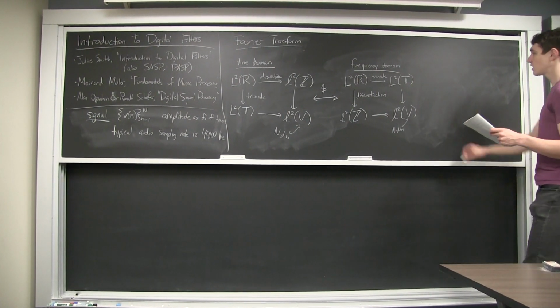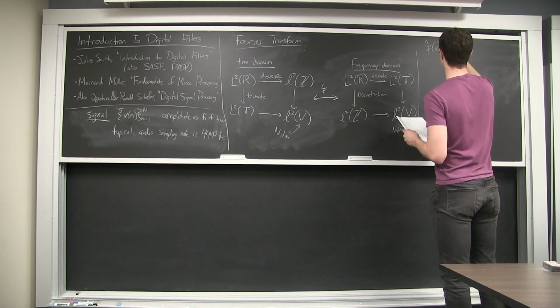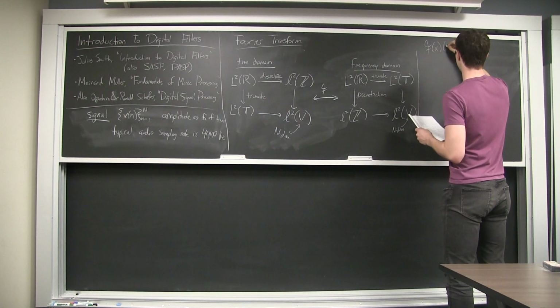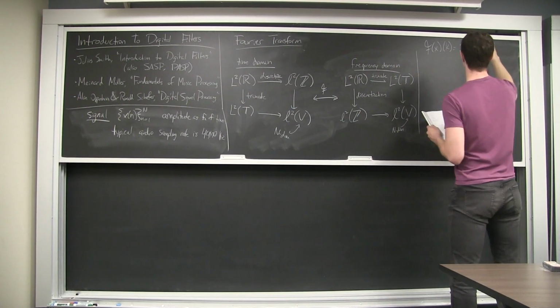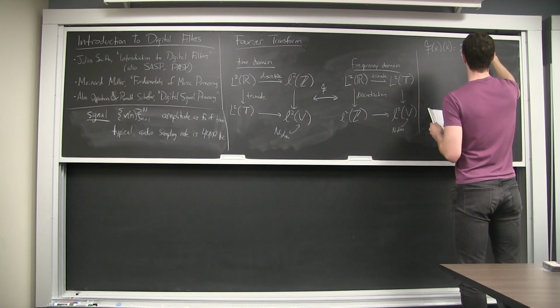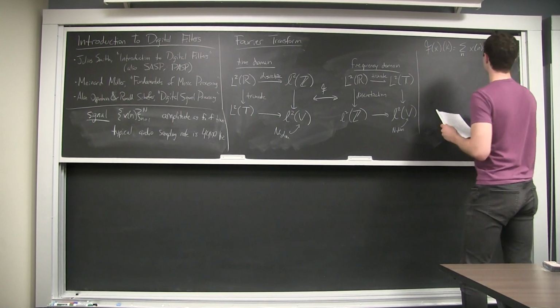To be a little more explicit, the Fourier transform of a signal x, our input function, evaluated at a frequency k, is given by summing over all the samples x of n times e to the minus i k n.